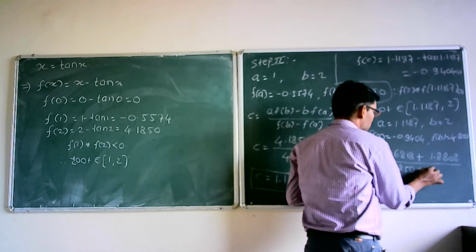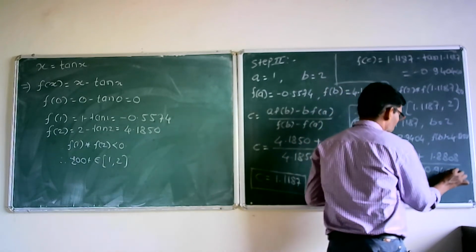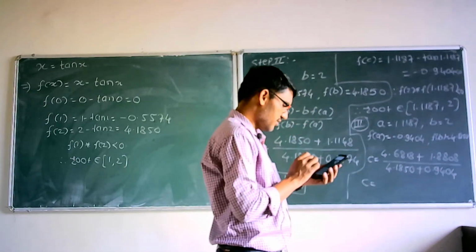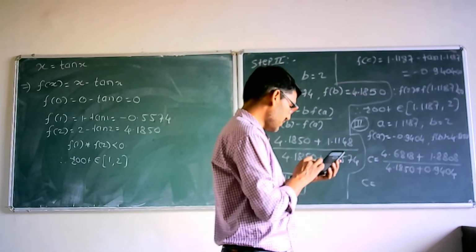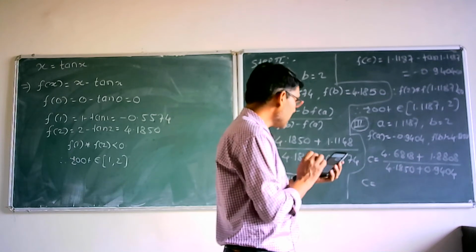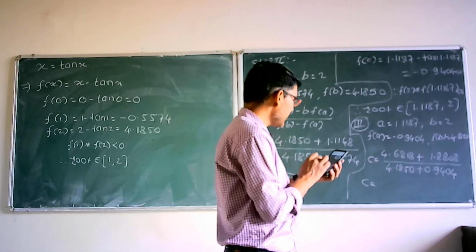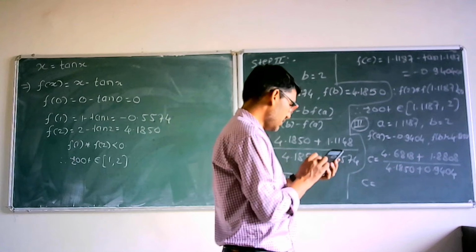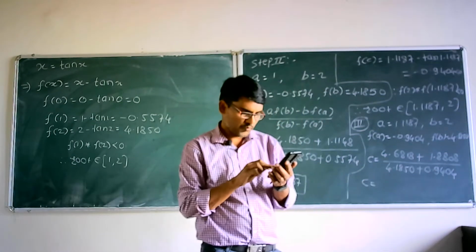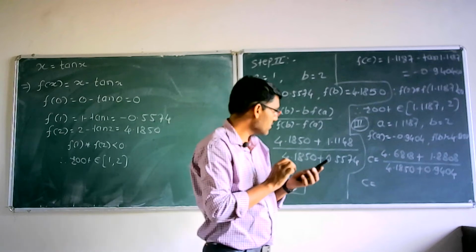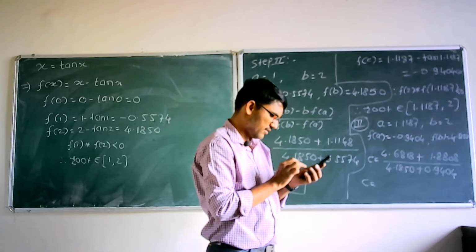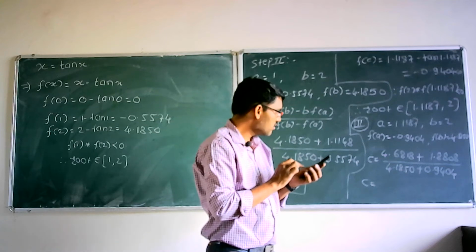4.1850 plus 0.9404, and therefore c is equal to, you can use the bracket to determine the value, 4.6818 plus 1.8808, this whole divided by the denominator 4.1850 plus 0.9404.